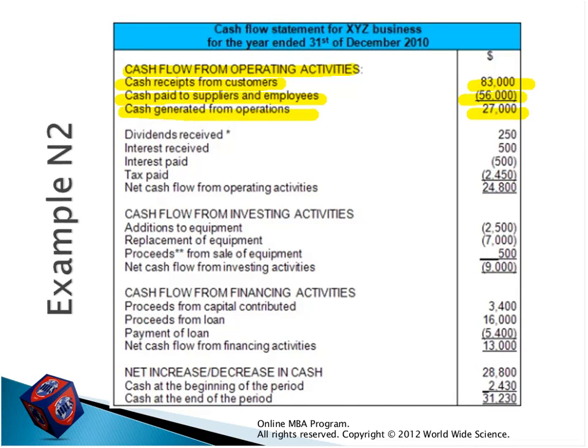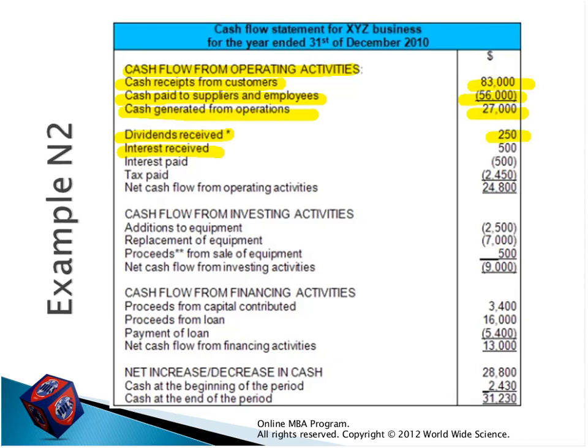Next one, dividends received. That means the company maybe contributed money, bought some shares or another kind of project, and received some dividends, 250. Next one, interest received as well.